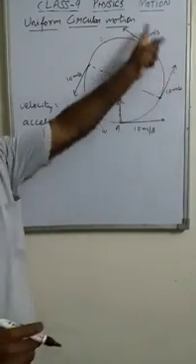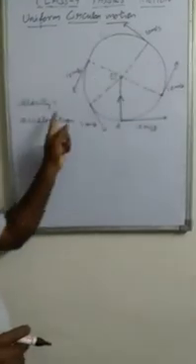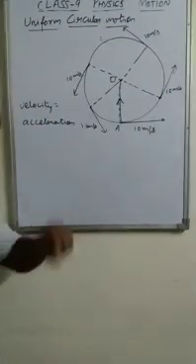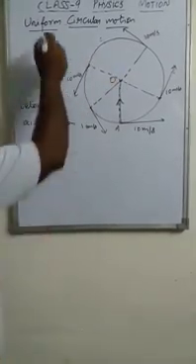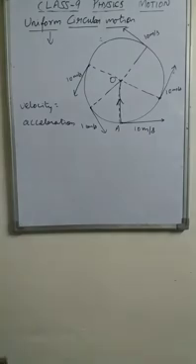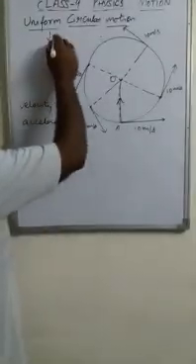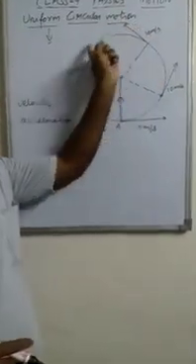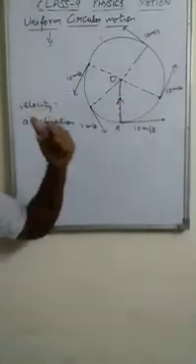Because of the change in direction, its velocity also changes. If the velocity changes, then we say the acceleration is produced. So therefore we can say uniform circular motion is also an example of accelerated motion. And this acceleration is also uniform acceleration. The case of uniform circular motion of an object is also an example of uniformly accelerated motion.